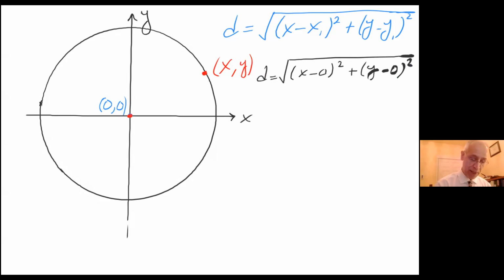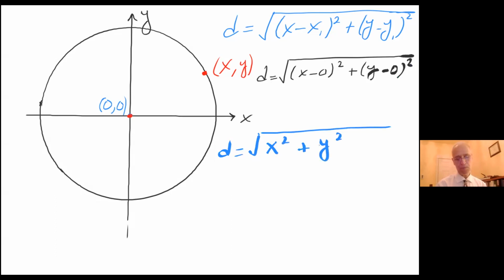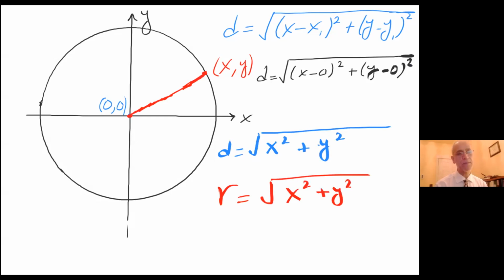And then the next step, I can claim that d equals the square root of x, since x minus 0 is just x, to the second, plus y, since y minus 0 is y, to the second. Now, I hope you agree with me that this distance between these two points is in fact my radius. So I can exchange this with r equals the square root of x to the second plus y to the second.